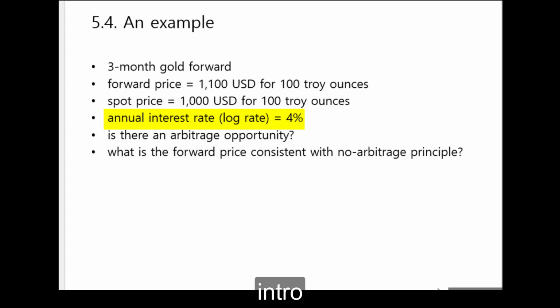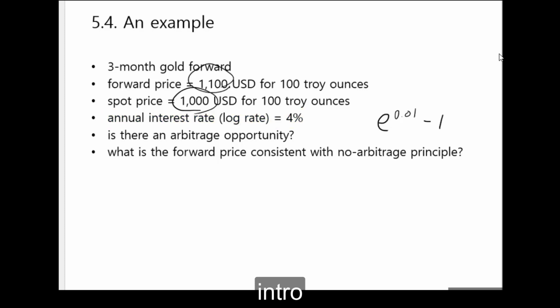Exponential to the power of 4 divided by how much? 4 divided by what? 4. Yes, okay. So that's going to be exponential 0.01 minus 1 is going to be the simple rate for 3 months implied by this log interest rate.